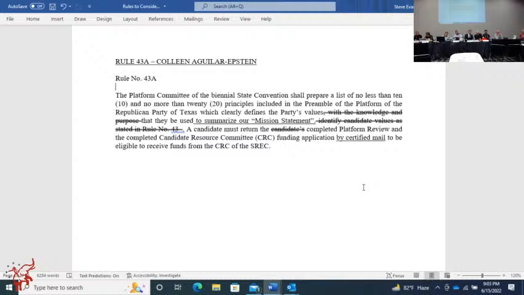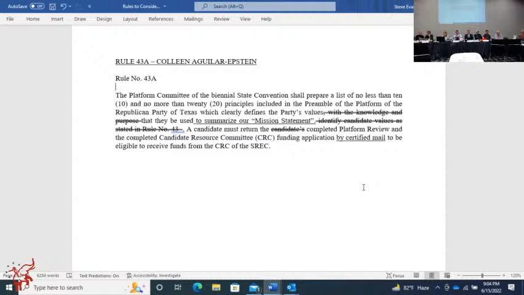Sir, you rose against, and you're making the amendment out of rising against, so that would be out of order at the moment. We'll finish your debate. I simply do not believe that certified mail should be required for an otherwise qualified and good candidate to receive funds and support from the party. So I would be in opposition to adding that further restriction.